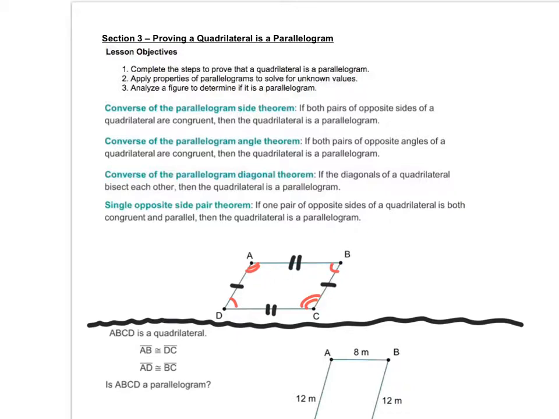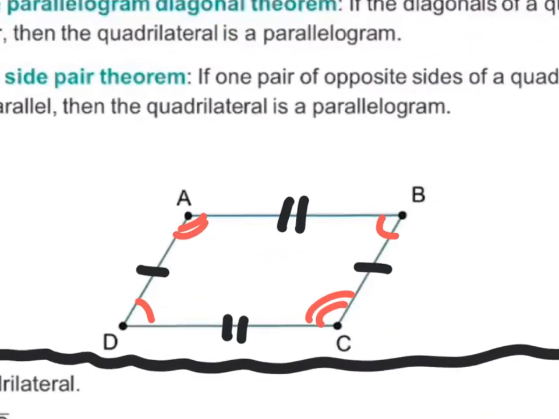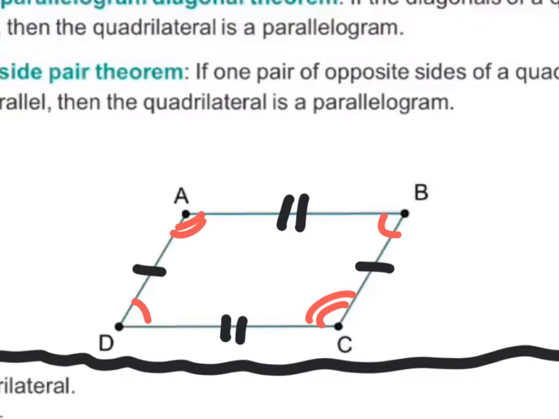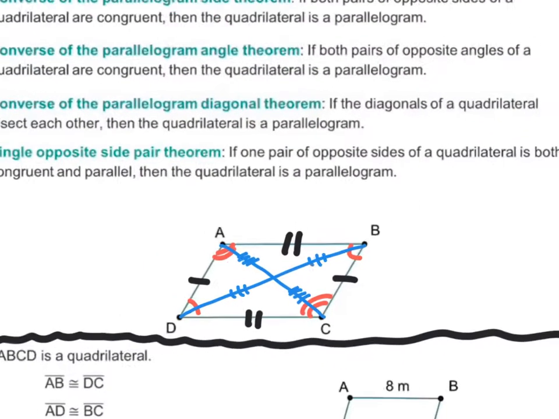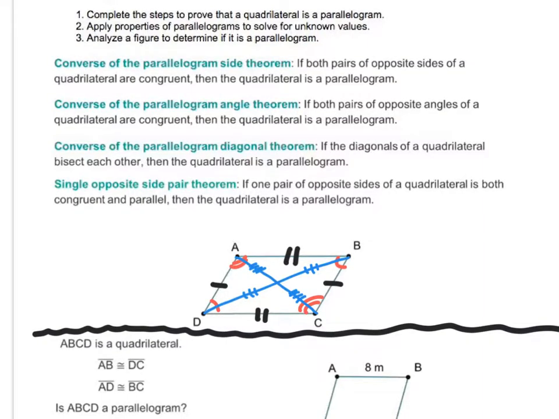If the diagonals bisect each other, so I'm going to draw in my diagonals, okay? If these are bisected, and I have those symbols, and I know that piece of information, then I have a parallelogram.